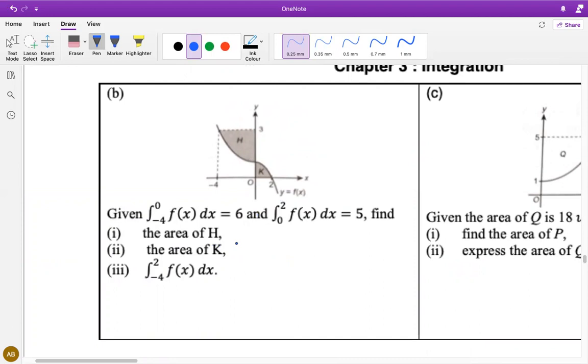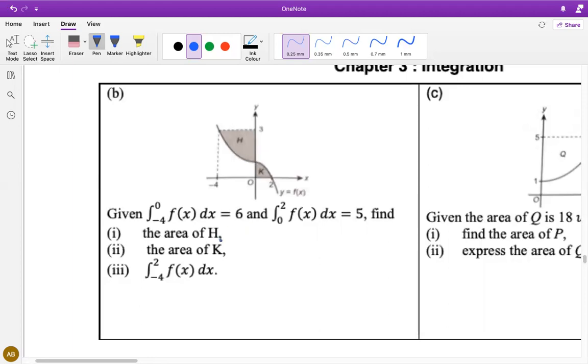Find the area of the H. Okay, so B, right? Right, to double check. Okay.